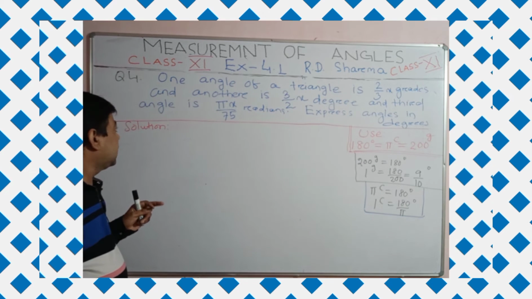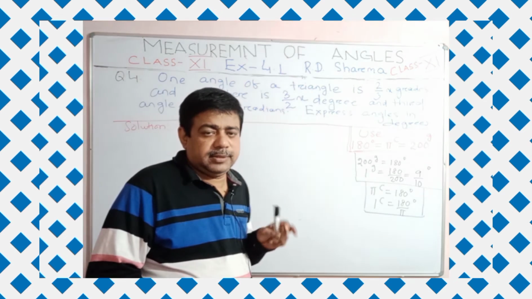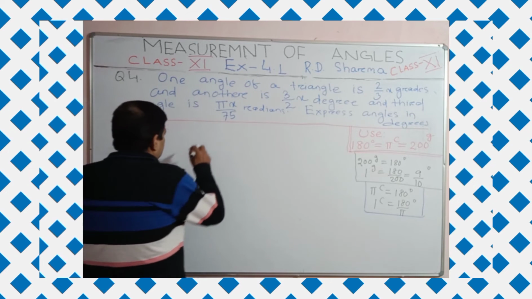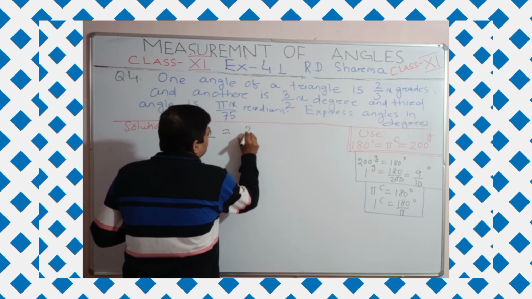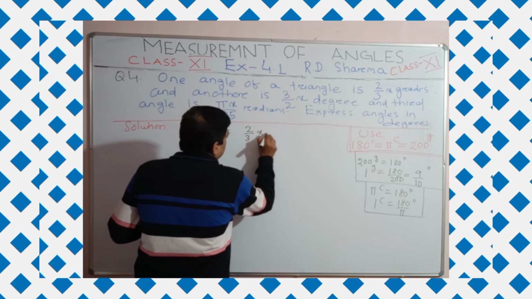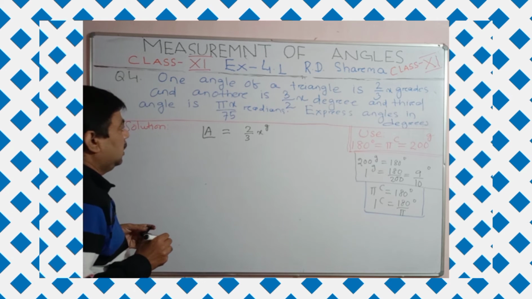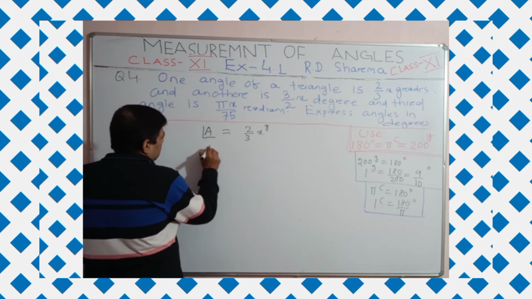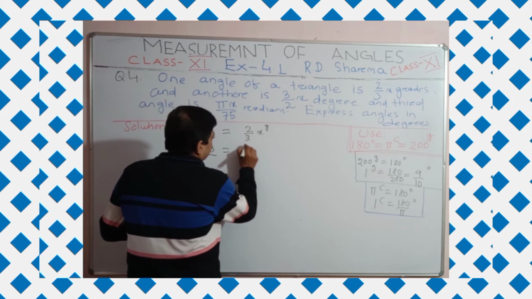Question number 4: one angle of a triangle is 2 by 3x grade. Suppose angle A is equal to 2 upon 3x grade. Understand or not? G stands for grade. And the second angle, suppose B, is given as 3 by 2x degree.